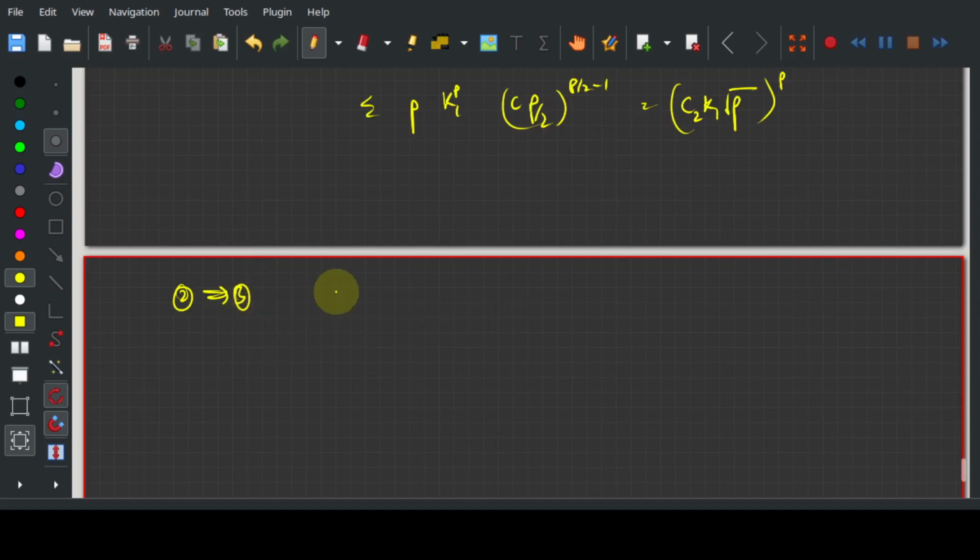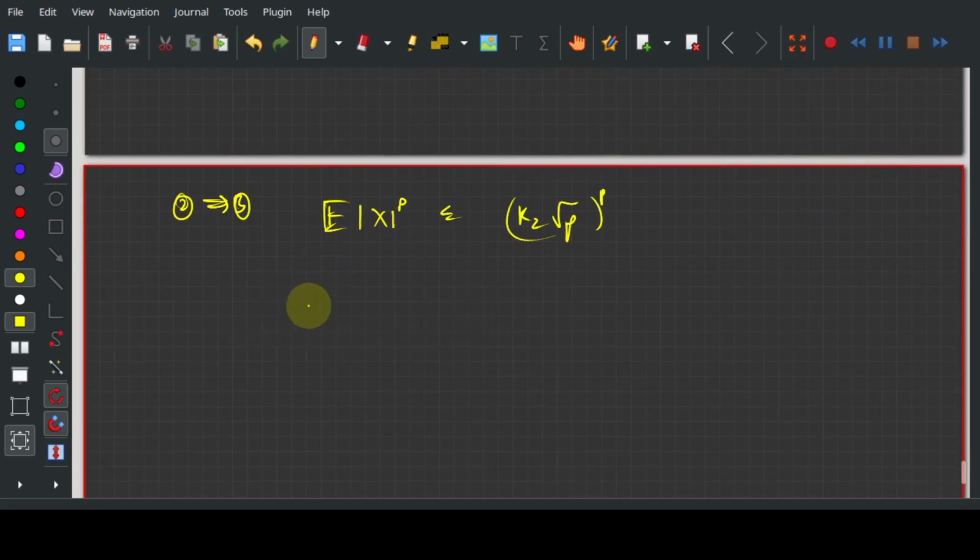Okay? So I know that expectation of x to the p is less than or equal to some k2 root p whole raised to the p. And I want a bound on expectation e to the lambda square x square. Okay, so now what do I do?